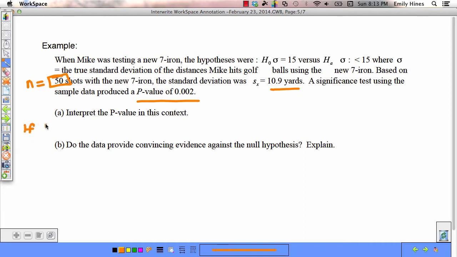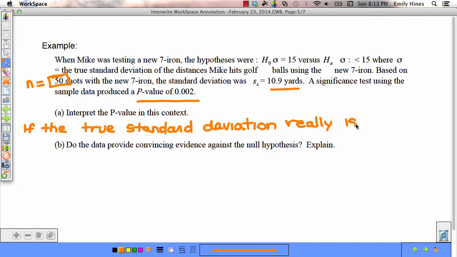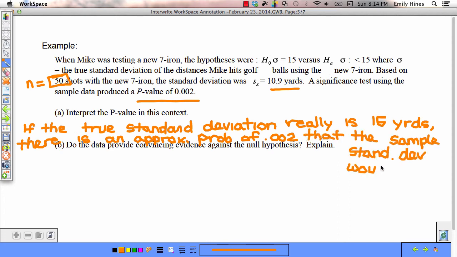It means that if the true standard deviation really is 15 yards, there is an approximate probability of 0.002 that the sample standard deviation would be 10.9 yards or more extreme.